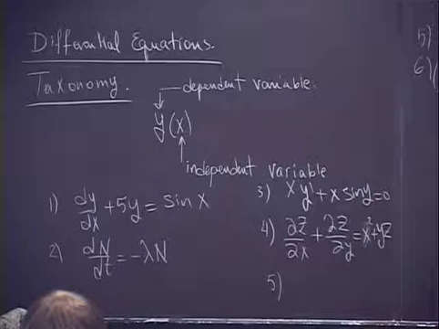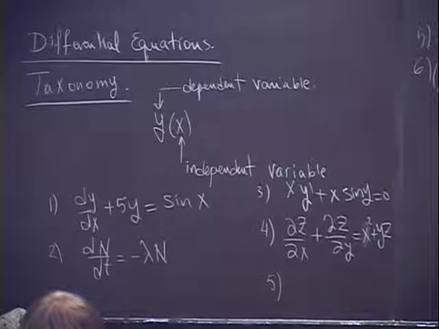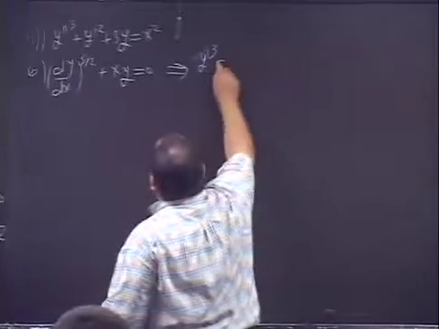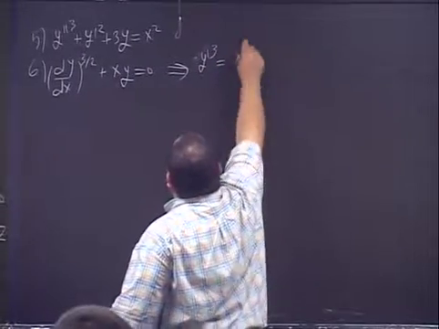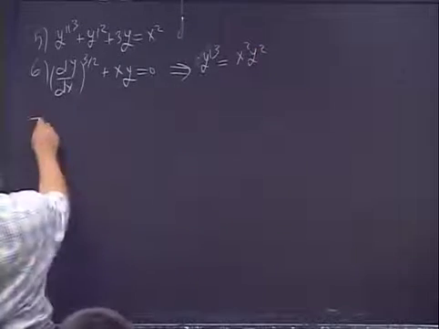If you take this to the other side, it will be negative xy. If you square both sides, this gives you dy by dx, which is y prime, so I can write it as (y prime) cubed equal to x squared y squared.